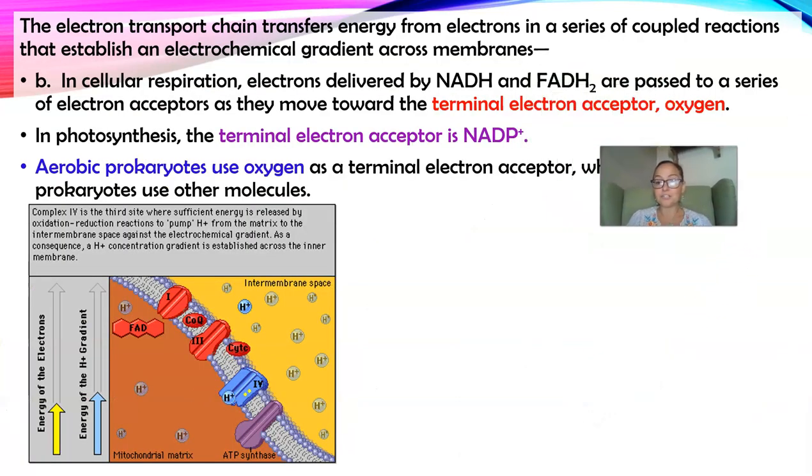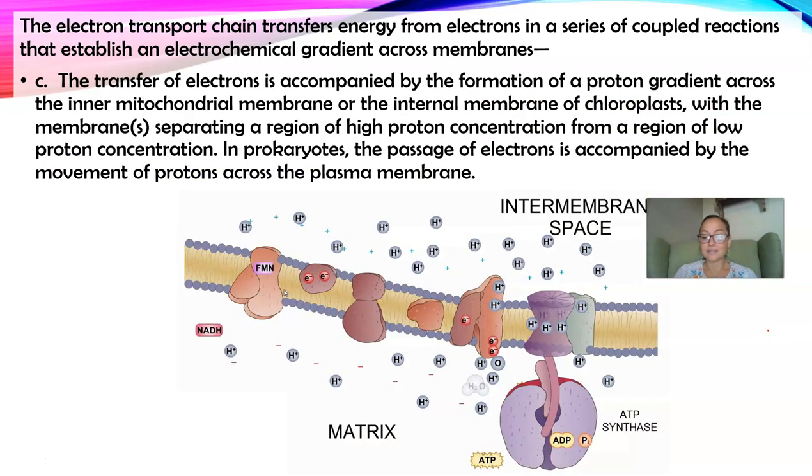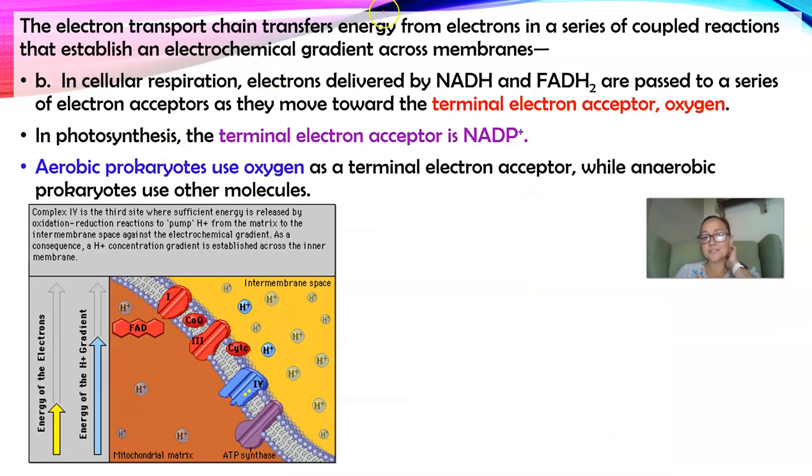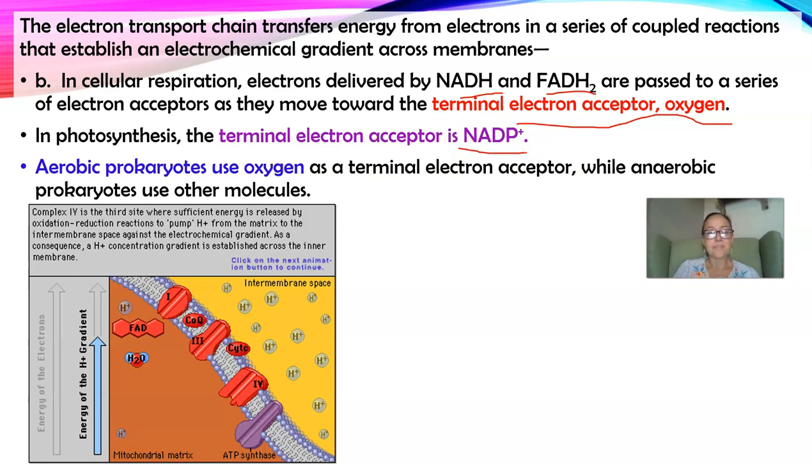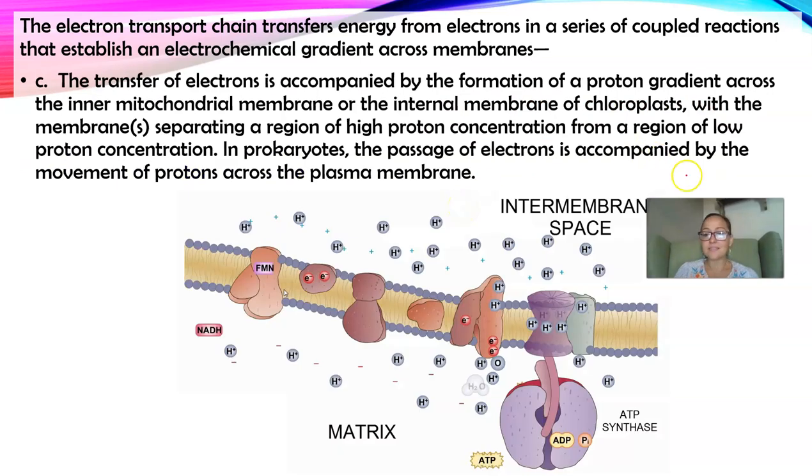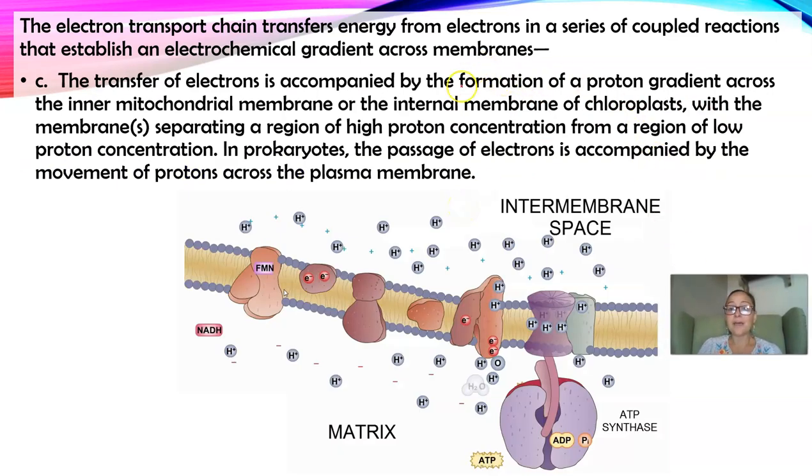So in cellular respiration, we can see that the electrons are delivered by NADH and FADH2, which were formed in the previous metabolic pathways leading up to the electron transport chain. In aerobic respiration, the final electron acceptor is oxygen, and this is why we breathe. In photosynthesis, it was NADP+, we saw at the end of the light reaction. And basically, the transfer of electrons helps form that. I'm just basically summarizing everything we talked about.